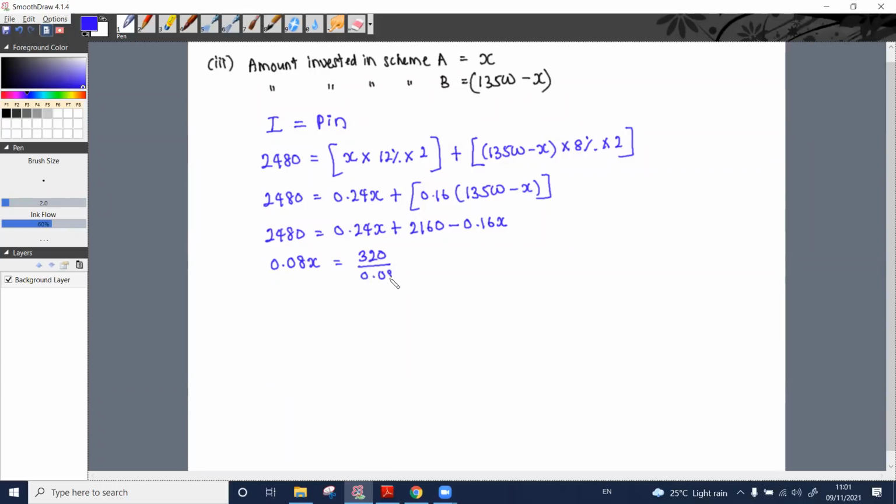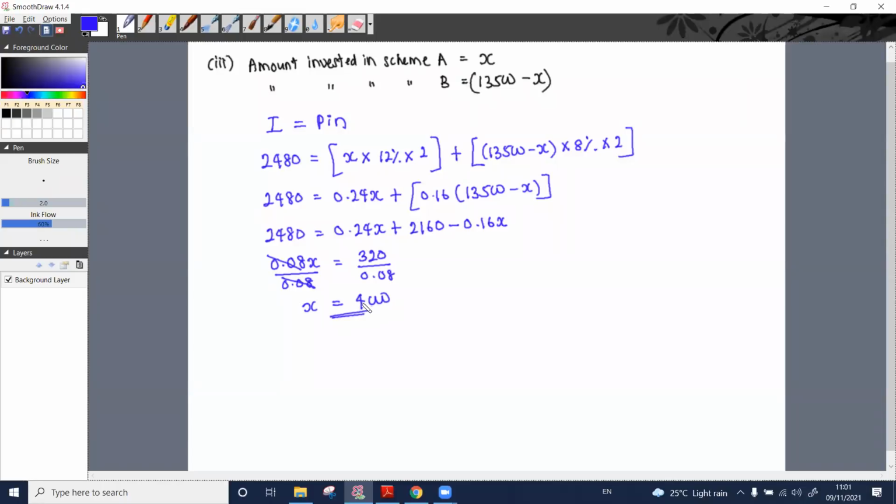Divide both sides by 0.08. Therefore, the value of X should be 4,000.